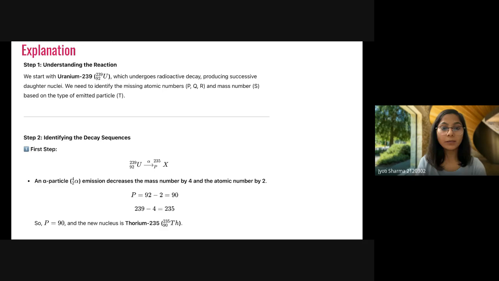Again, here you can see first it was like this. If it is an alpha particle, then we have 2 and 4, so it decreases the mass number by 4 and the atomic number by 2. That's why your atomic number will be 90 and your atomic mass will be 235.